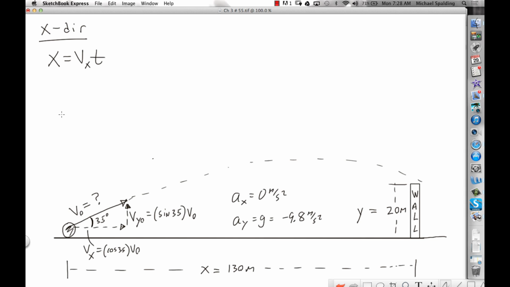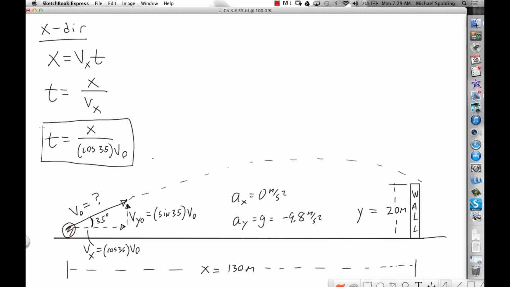Time in the x and time in the y is always the same. So rearrange this for t. You're going to get x over vx. But wait a minute, what's Vx? Vx is cosine 35 V initial. So t is x over cosine 35 V initial. So here's an equation for time.